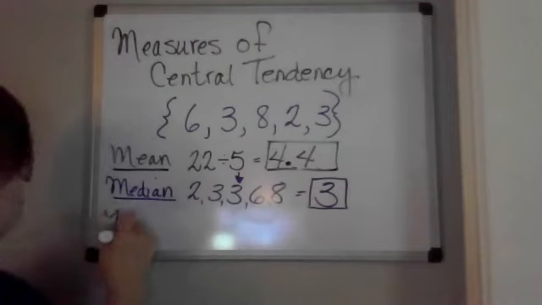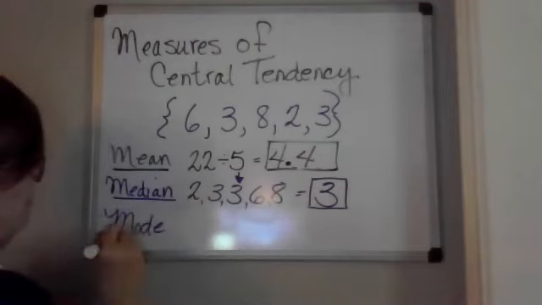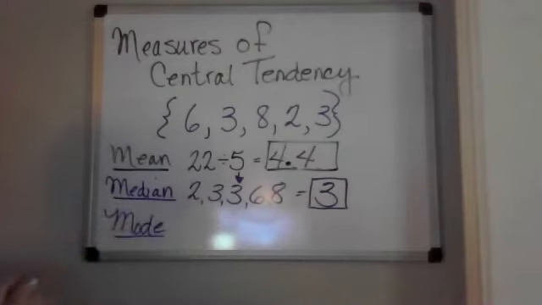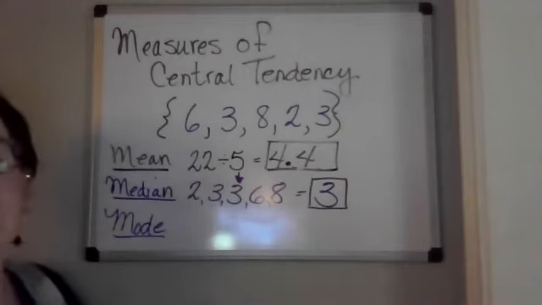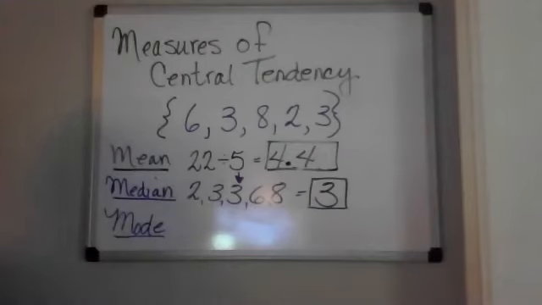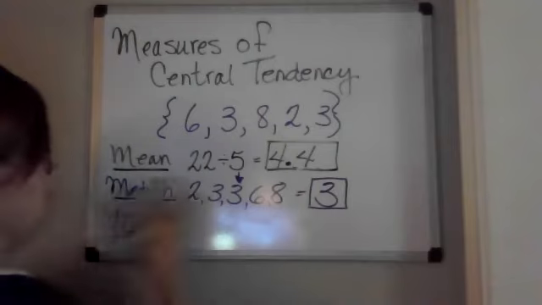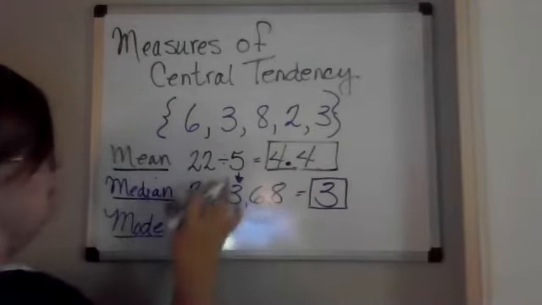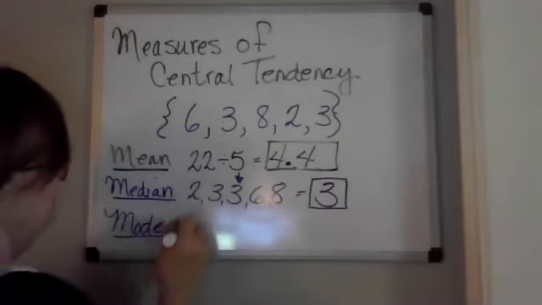Okay, mode. Sherry, you missed this part, but it's okay. The mode is the middle. No. The mode is the number that appears the most times. In this case, since you have it in order, it's easy to find. The answer is 3.